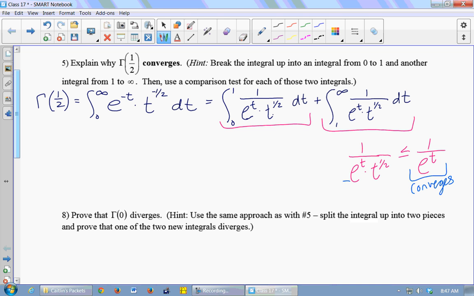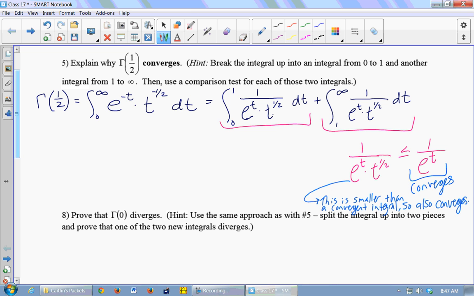Right, so this is smaller than a convergent integral, so also converges. Does that make sense? Okay, so we've got the first piece.